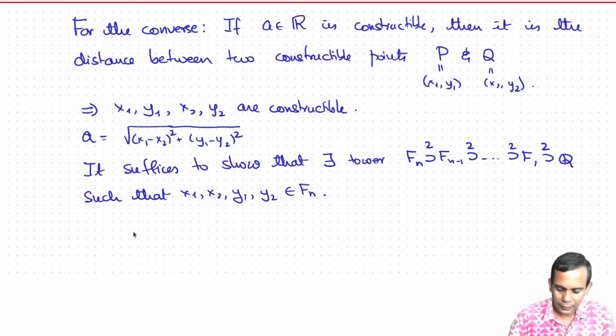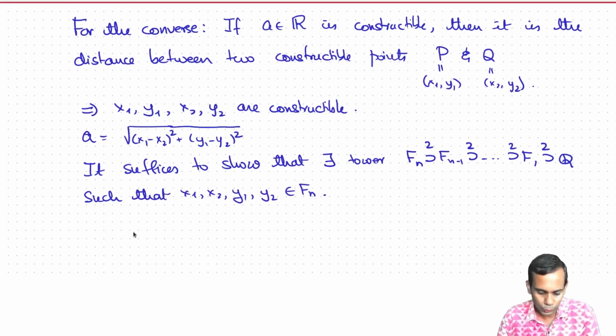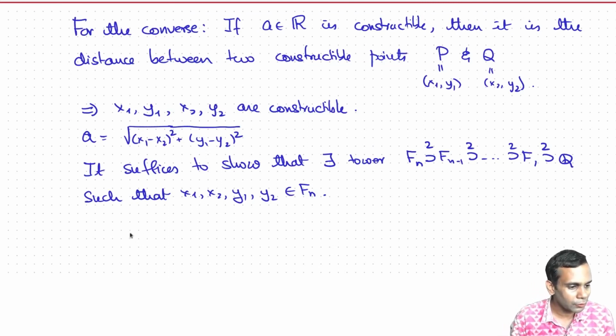So now these points P and Q are constructible. So let's say that the construction of the points P and Q takes place through several steps.